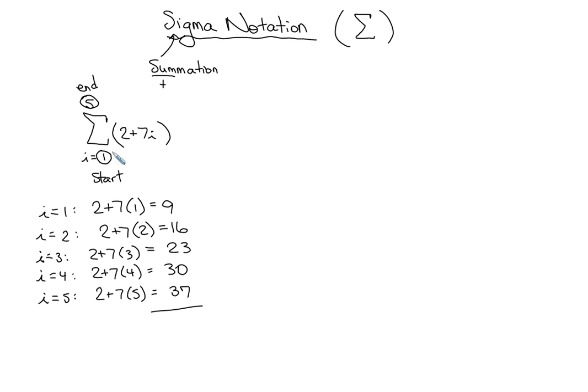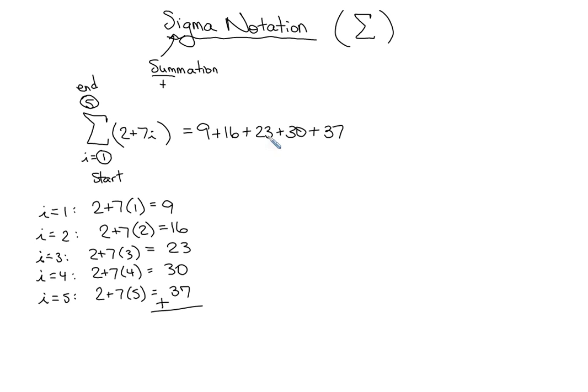Okay? So do you see the starting number is the first value we plug in for our variable, and we keep increasing by 1 until we finally plug the top number in as our last value. That's what the summation means. And again, summation really means plus, so we now add those answers together. So this is really 9 plus 16 plus 23 plus 30 plus 37.